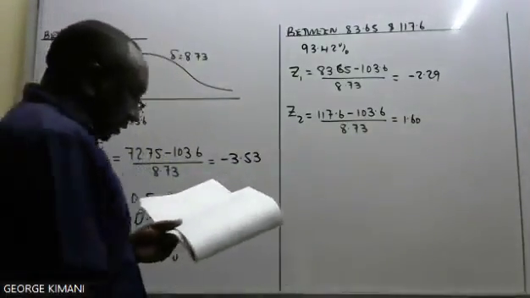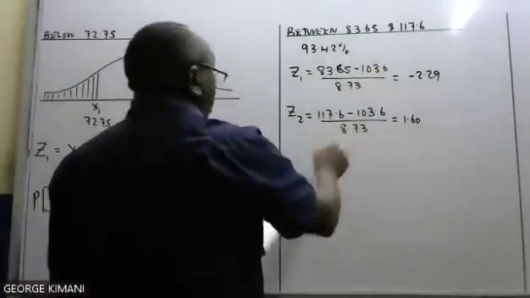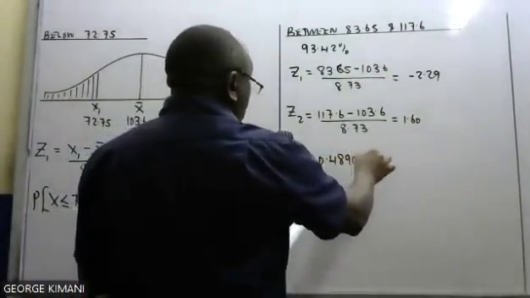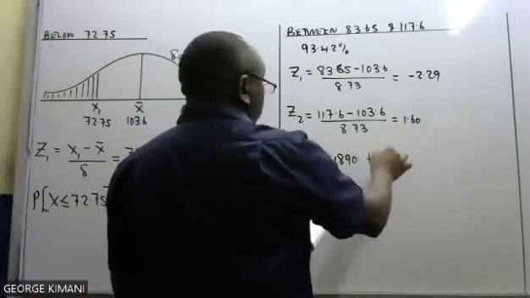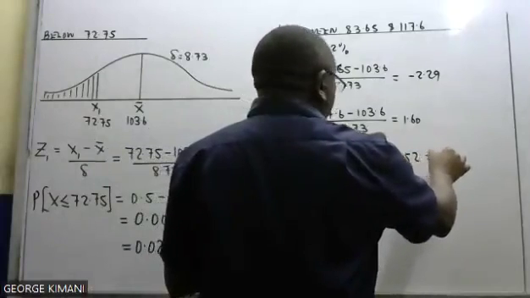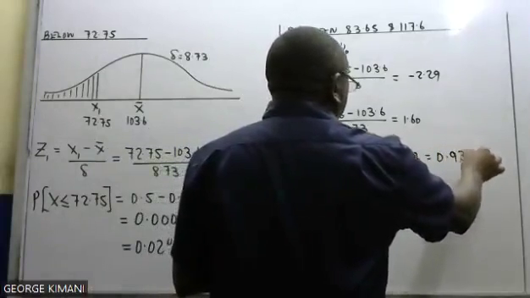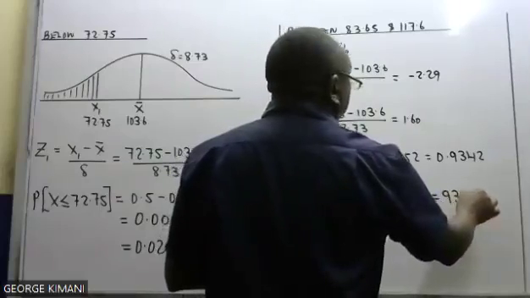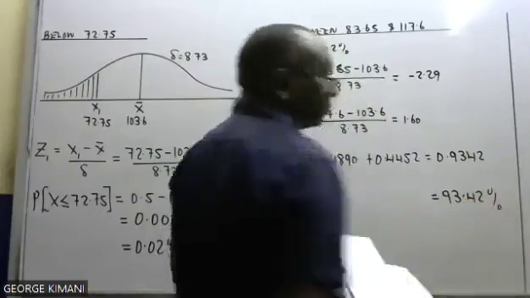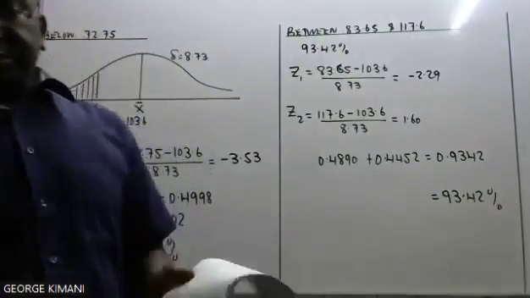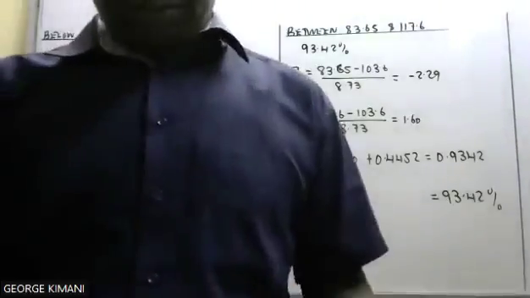If that is the case, then when you read it from the table it will give you 0.4890 plus 0.4452, and this is the one giving us 0.9342, which changes to 93.42%. Marcy, are you okay now with that? Good.